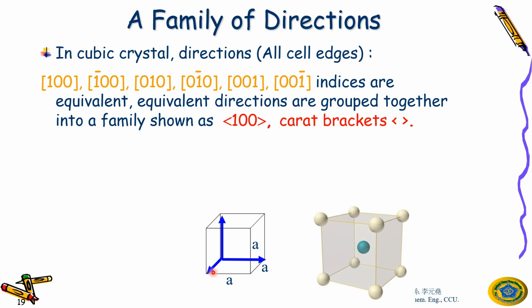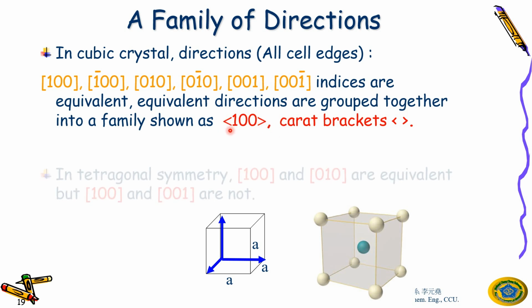So 1 0 0, 0 1 0 and 0 0 1. So you say, well, Professor, can I use angle bracket 0 0 1 angle bracket? Yes, that's okay. So if you use angle bracket, it means it's a family.